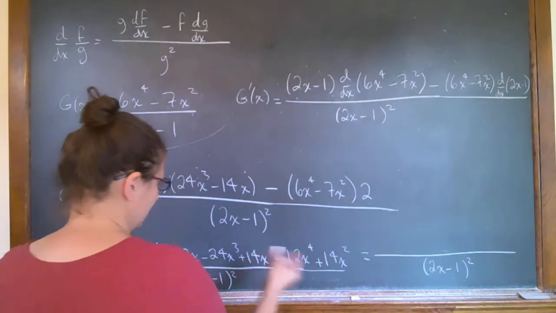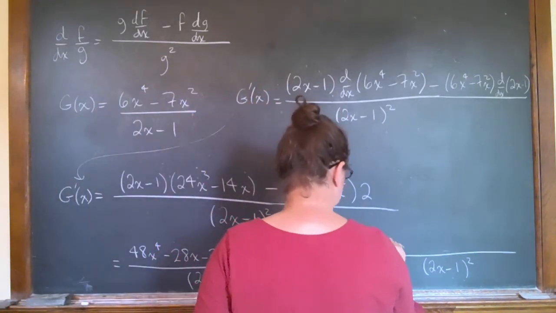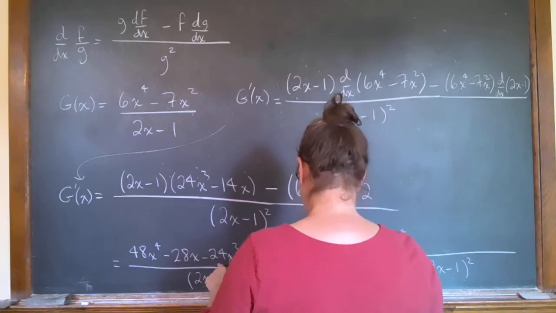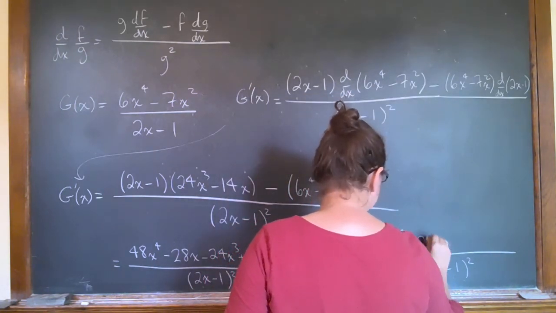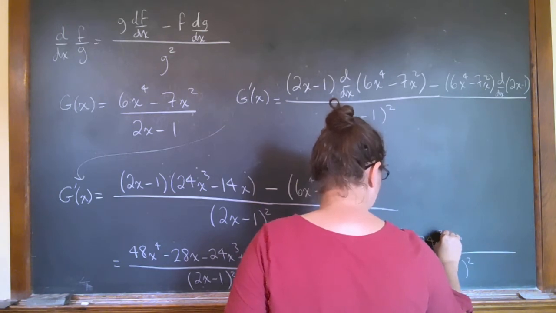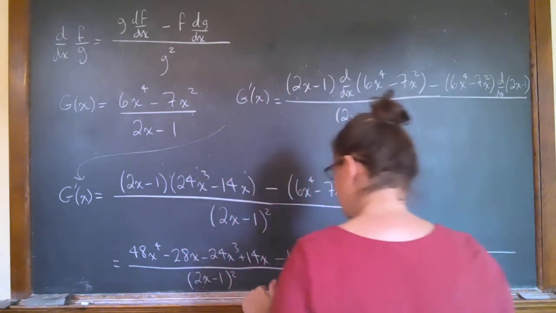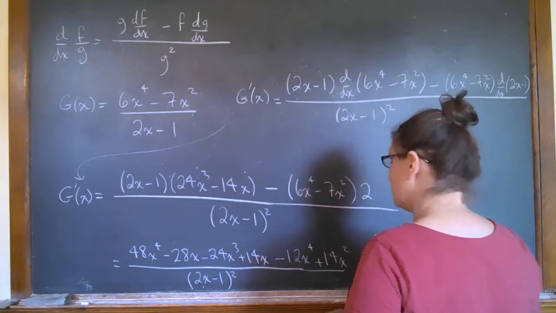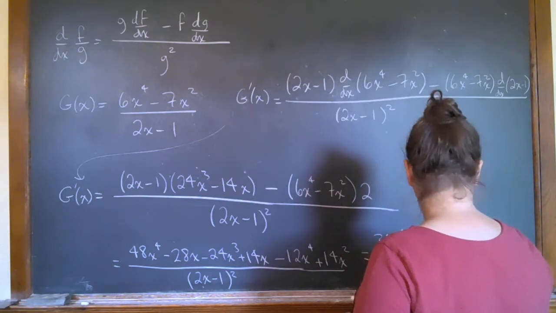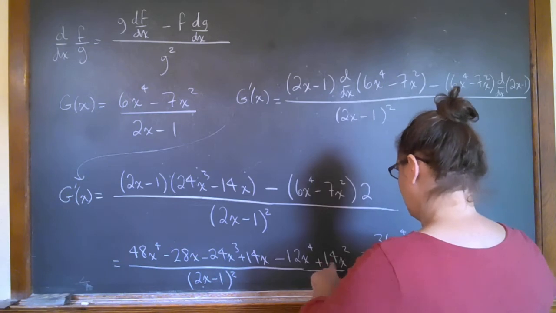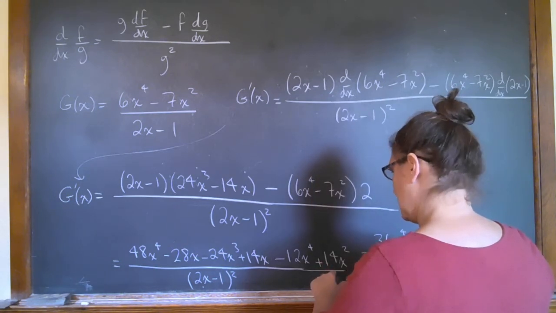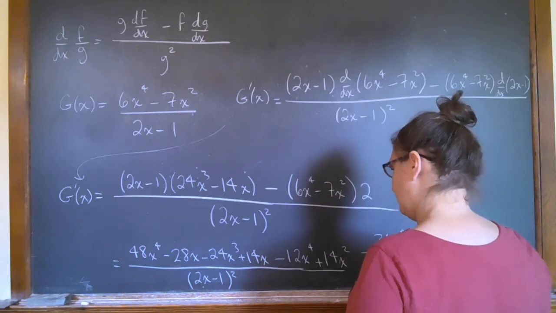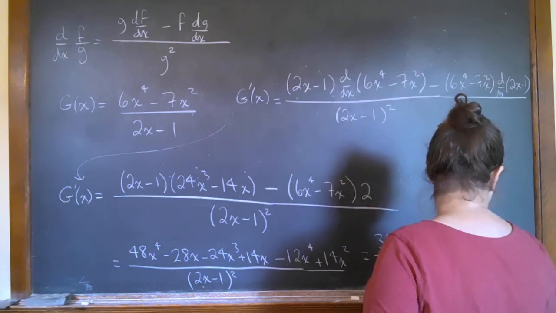So 48 minus 12, so it's going to be 36, right? 36x to the 4. And sometimes you might actually have to simplify. And this, of course, holds for these as well as next week's when we have the chain rule. Those can get really long and ugly. Plus 14x squared minus 14x. There we go.